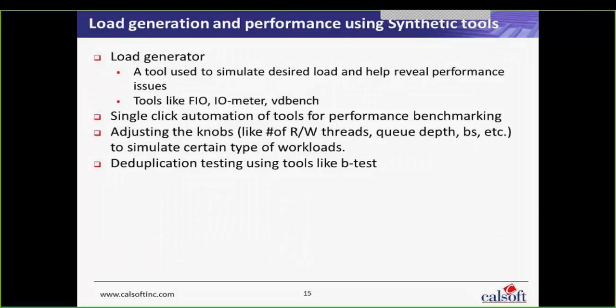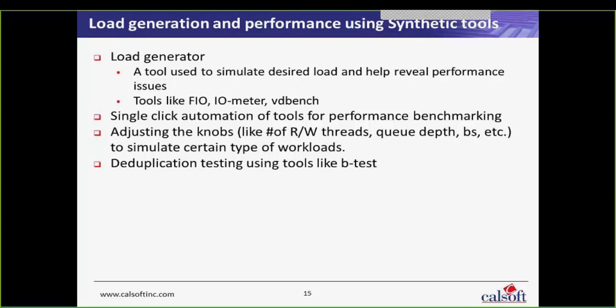For example, you can have FTL with LVM running over it, exporting a couple of LUNs to a couple of initiators with multiple paths configured, running a particular workload using FIO, Iometer or VDbench on those initiators, and then publishing the results back to the user in the form of CSVs or XLS. All the flow that I talked about is fully automated and can be done using single-click automation.